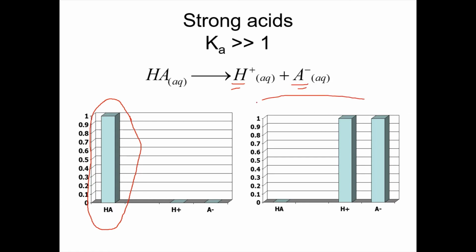So at the end, once the equilibrium is established, and I put equilibrium in air quotes at this point in time, all your acid molecules have been turned into H plus and conjugate base molecules. So the acid is completely dissociated. If you had a million acid molecules, they would turn into a million H plus ions and a million conjugate base ions. Okay, that's what happens in strong acids.